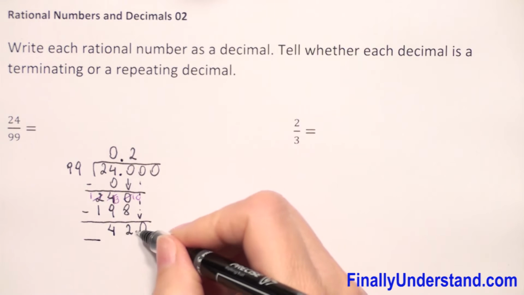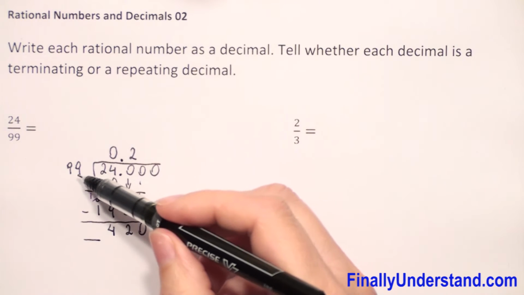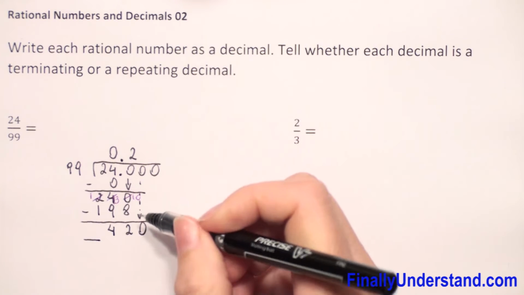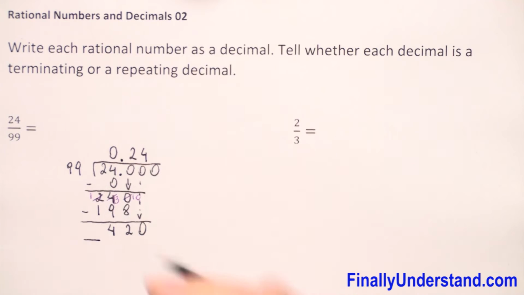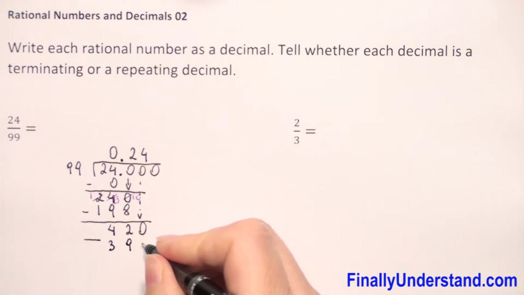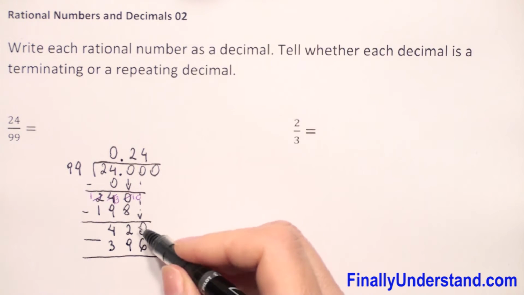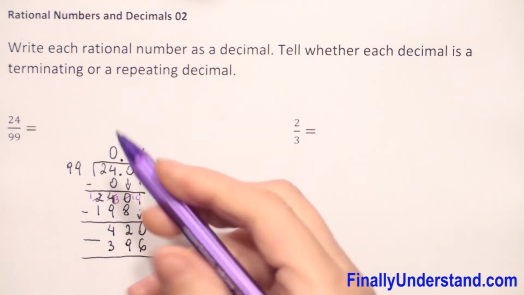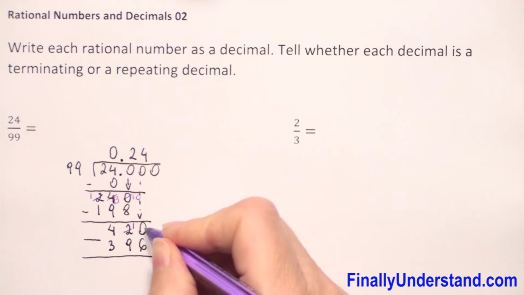We have 420 divided by 99. How many times can we put 99 into 420? 4, of course. So 4 times 99 is 396. Subtraction. Again, 0 minus 6 we cannot do. We have to borrow 1 from 2, so it will now be 1.